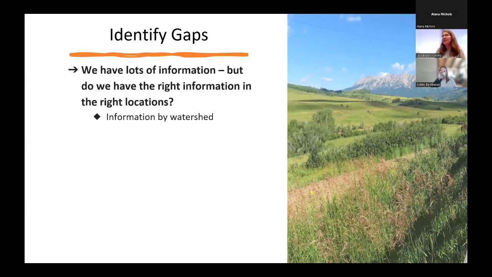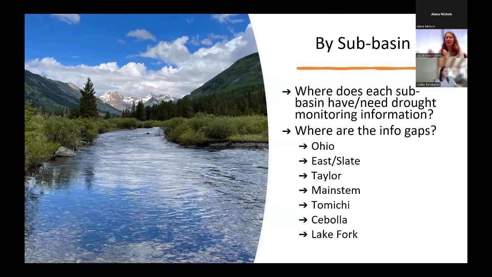Okay, so hopefully this will be a more interactive portion of the presentation, where we're talking about identifying gaps. We've got a lot of information, but the question is, do we have the right information at the right locations? This next portion of the presentation walks through by subbasin: where does each subbasin have or need drought monitoring information?